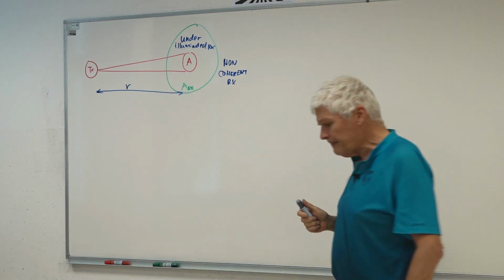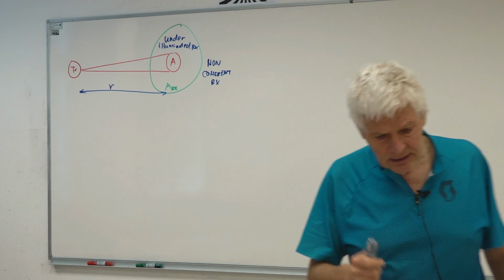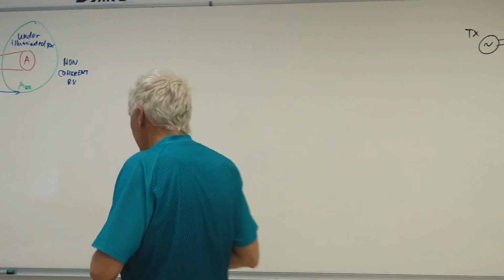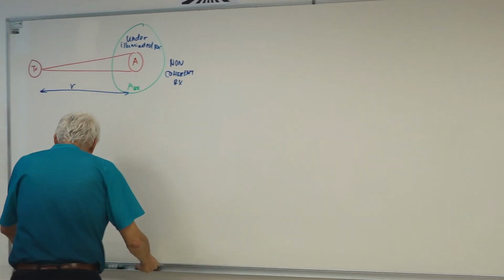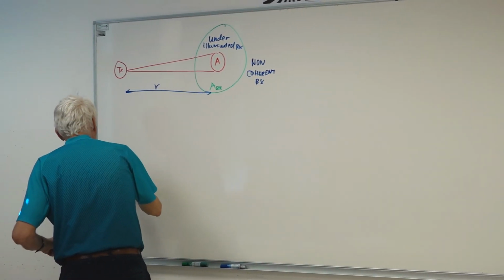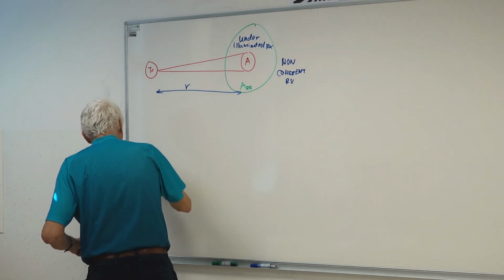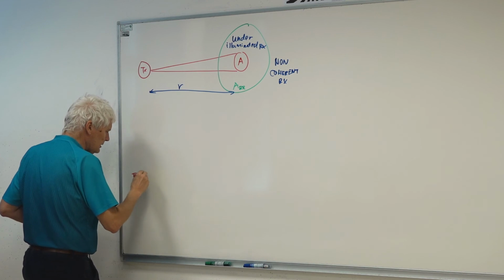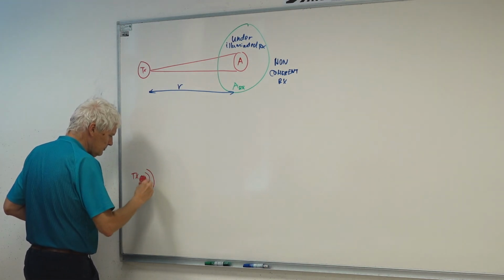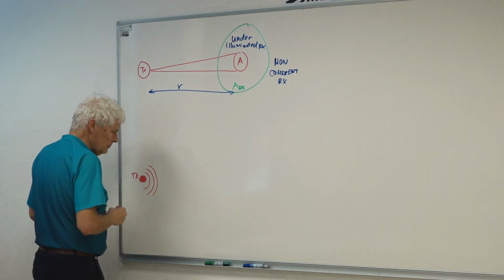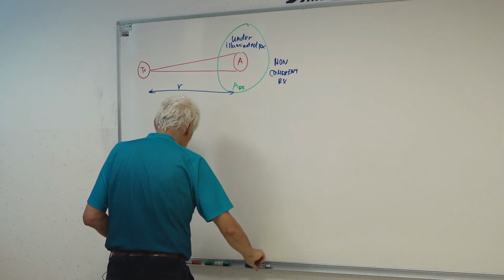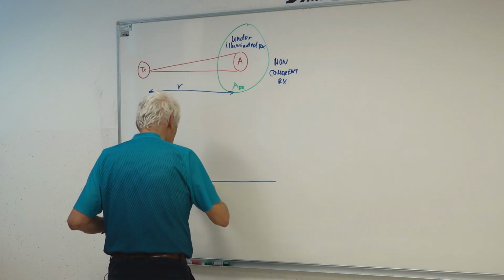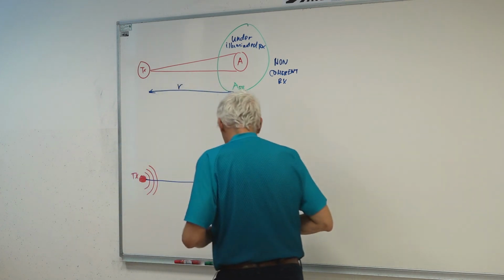The problem becomes even more difficult if we have a coherent receiver. So for the coherent case, I will draw my transmitter just as a dot here. This is my transmitter, and the transmitter is radiating wave fronts here. And at a certain distance r, I have a receiver.